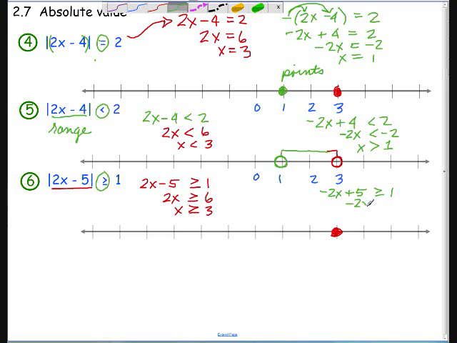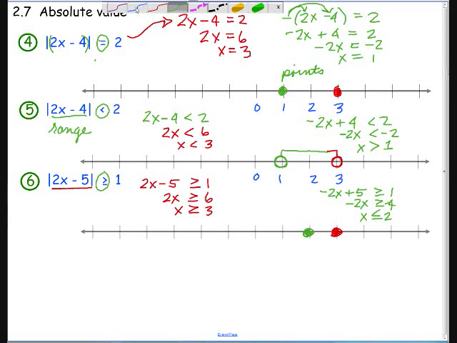Negative 2x is greater than or equal to, I'm going to subtract 5 from both sides. So I have a negative 4 here, don't I? Now I'm going to divide both sides by negative 2, so my symbol is going to change, and I'll have x is less than or equal to 2, right? I divide a negative 4 by a negative 2, it gives me a positive 2. My boundary point is at 2.